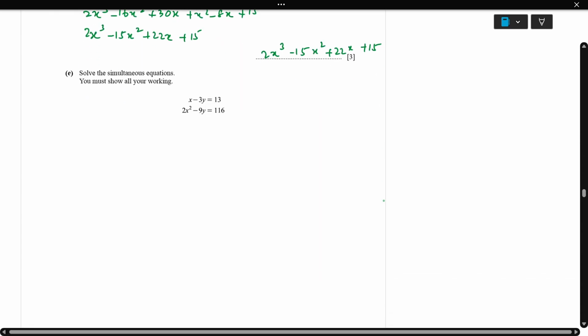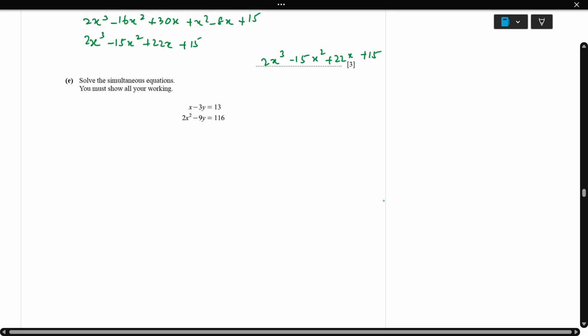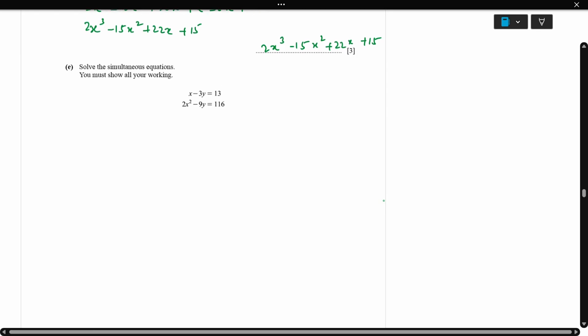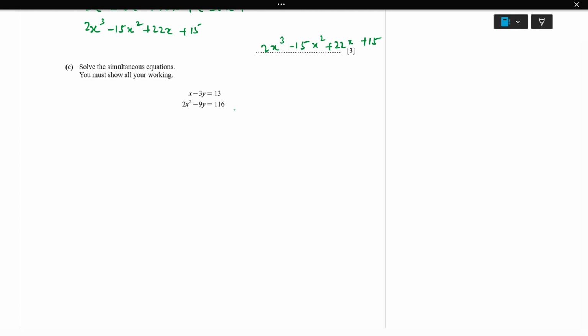The next question, solve the simultaneous equations. You must show all your working. From the first linear equation, I have to make x the subject. So x equal to 13 plus 3y. I need to substitute that value into the second equation, which is 2 of 13 plus 3y whole square minus 9y equal to 116.